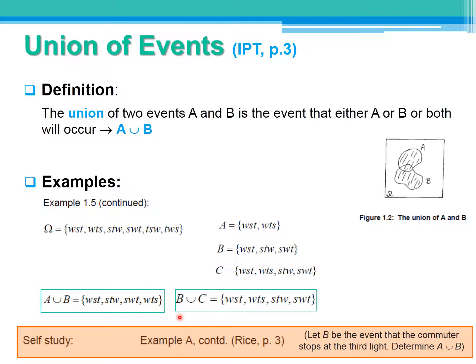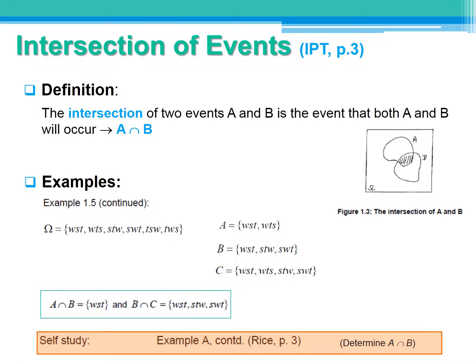Then if we look at the union of B or C, then we will list the outcomes of B and then also the outcomes of C. And again, they had these outcomes and those two outcomes in common, so you only list them once. And there's another example on page 3 of Rice that you can work through on your own time.